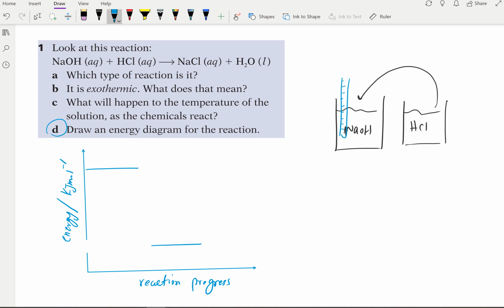So if the reactants are here, NaOH and HCl, the product would be at the lower energy level, NaCl and H2O. And this difference is the energy which is released to the environment, particularly the solution, by the reaction. So here we have energy out.